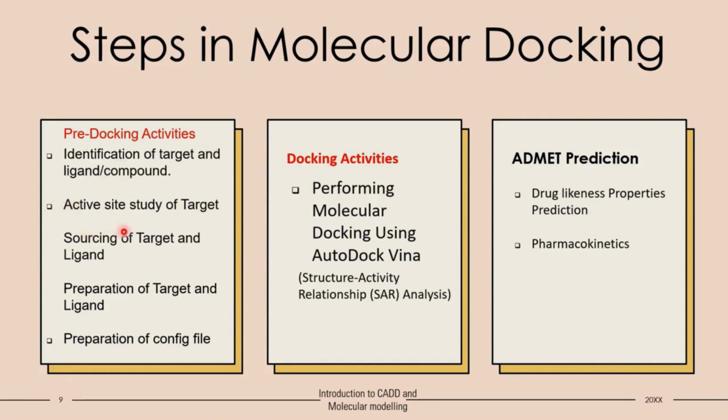Secondly, you carry out what we call active site study of the target. You need to investigate the active site of this target to avoid binding or targeting a wrong pocket in your protein.